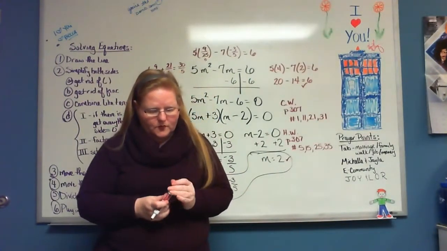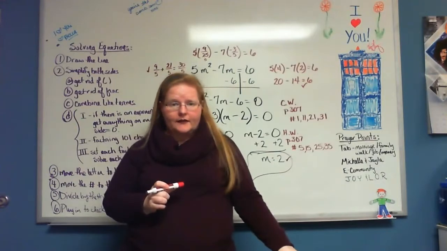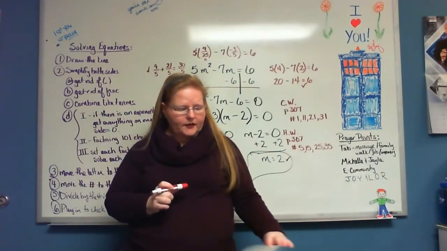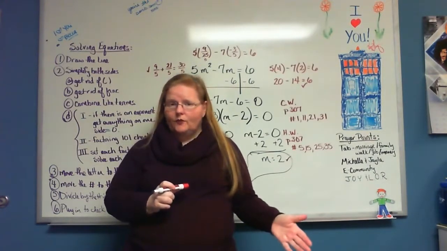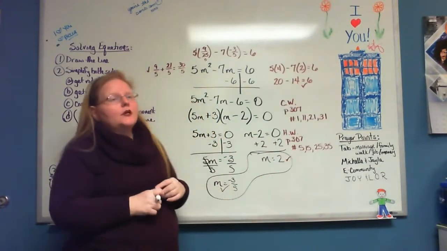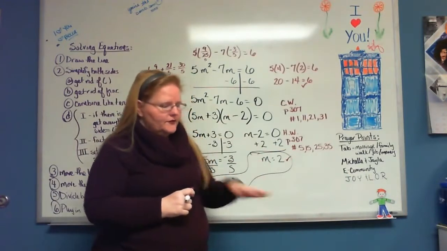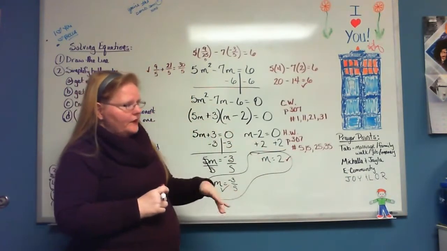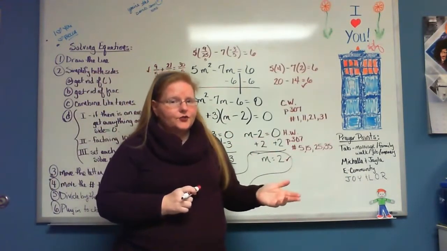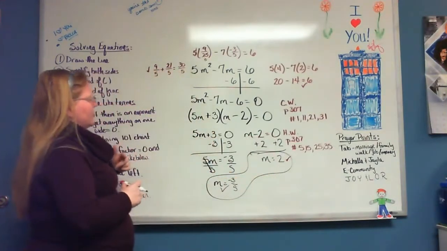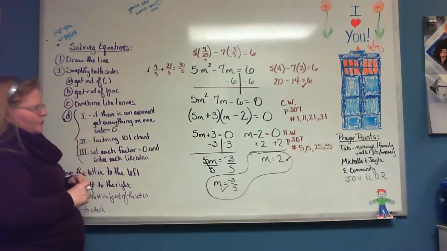Tomorrow, I want you to go back to section 7.8 because we never got to do that one. We skipped that one. Section 7.8 is just all factoring. None of it's solving equations, it's just factoring. And it's all the factoring you've done before. So it can be anything within that factoring 101 chart.